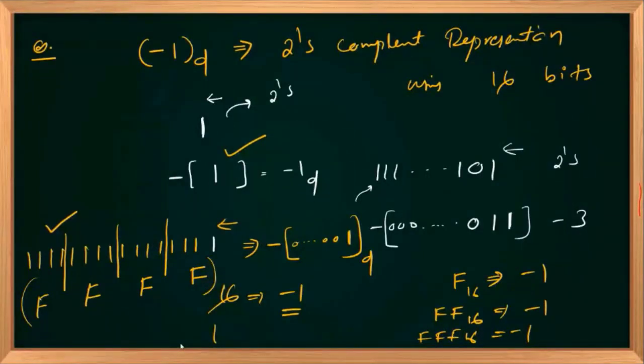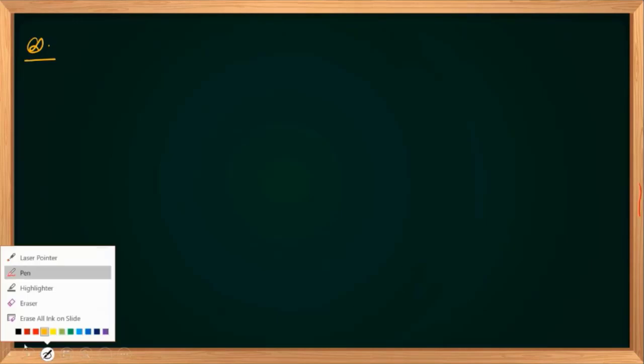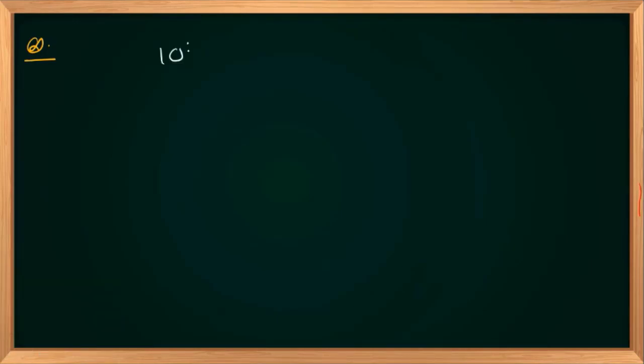Is that clear? So suppose you are asked to identify the 2's complement of a fractional binary number, let us say 101.101 base 2. The procedure is the same to evaluate the 2's complement.